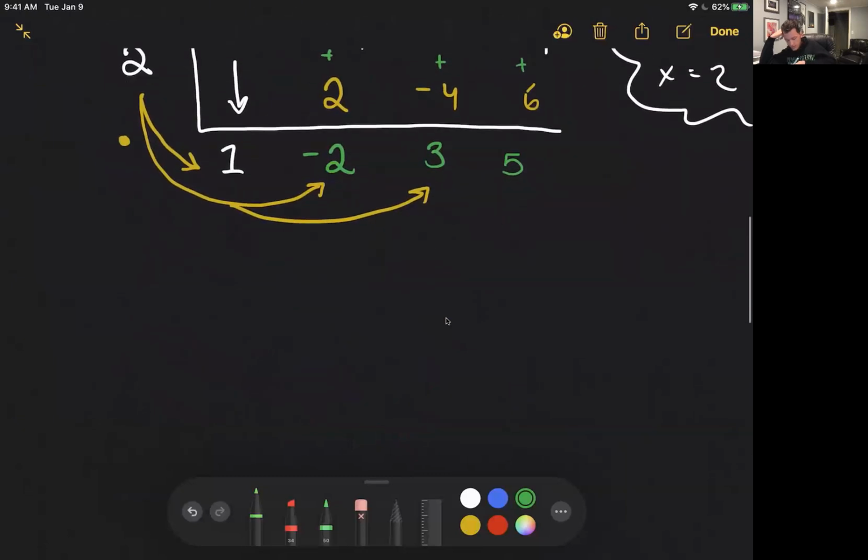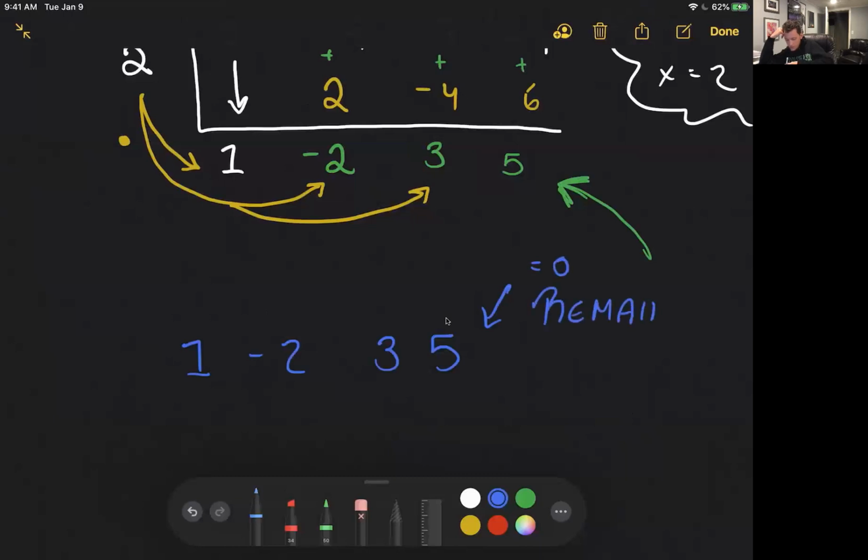So now we have these numbers right here, and these are going to be the coefficients of our final answer: 1, -2, 3, and 5. Unless this last number is equal to 0, what this tells us is that we have a remainder, which blows, but whatever.